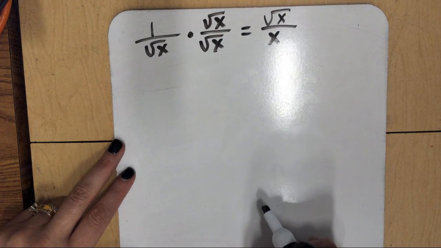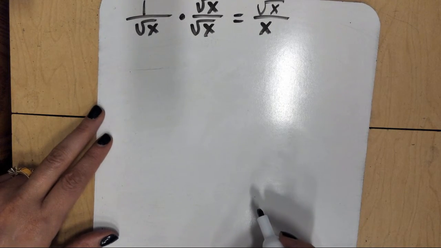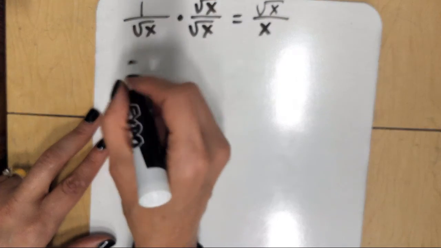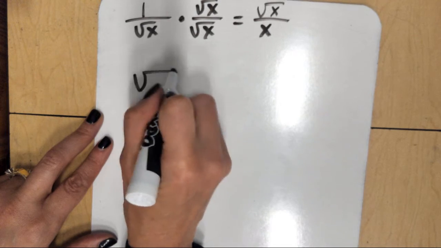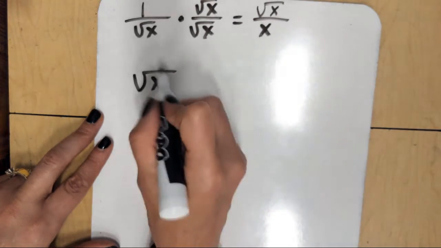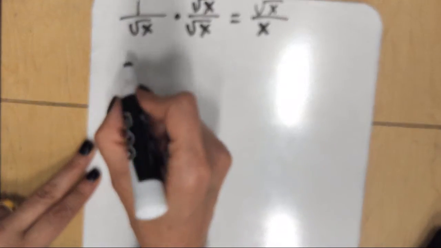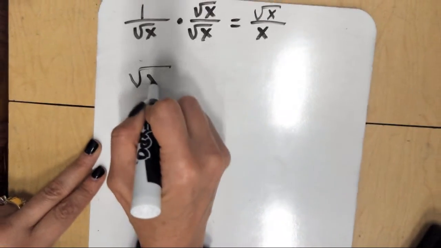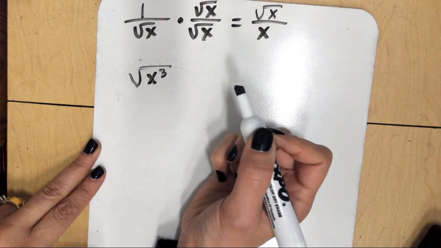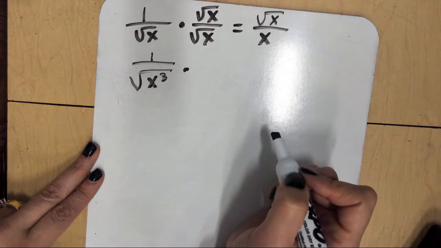So let's focus on how to get something out of the radical. Suppose I have the square root of x to the 3rd, and we'll put that in the denominator. How can I rationalize this denominator?